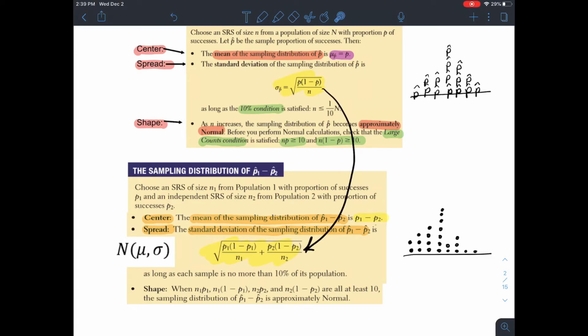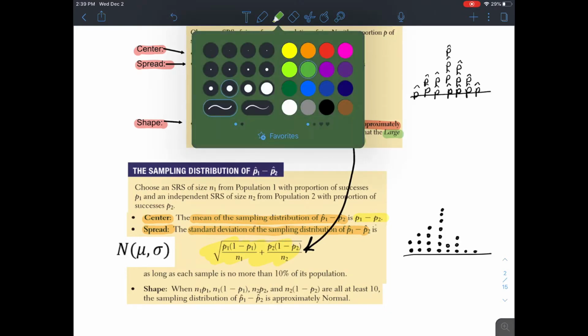Essentially, we have the population proportion of success times the failure divided by the sample size. We're doing that for each population, adding those together, and taking the square root.